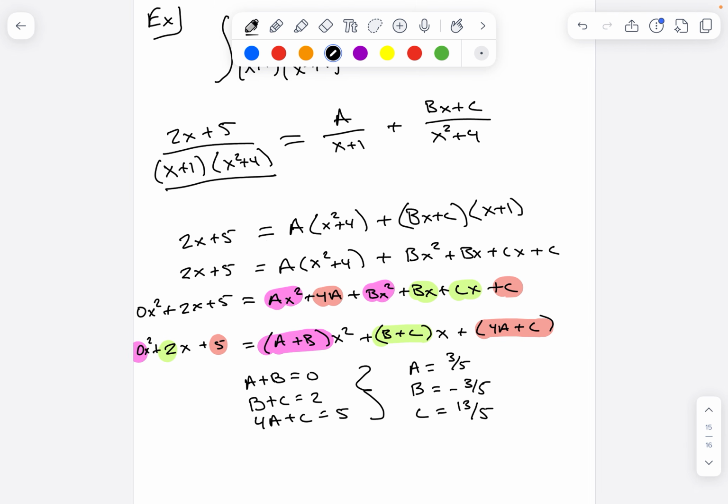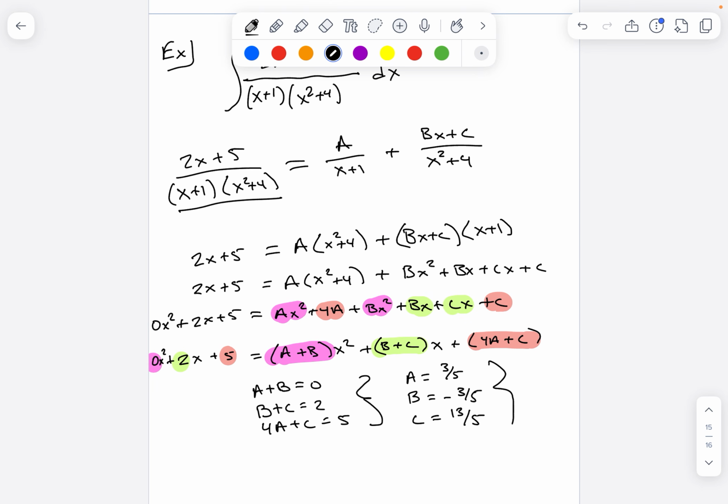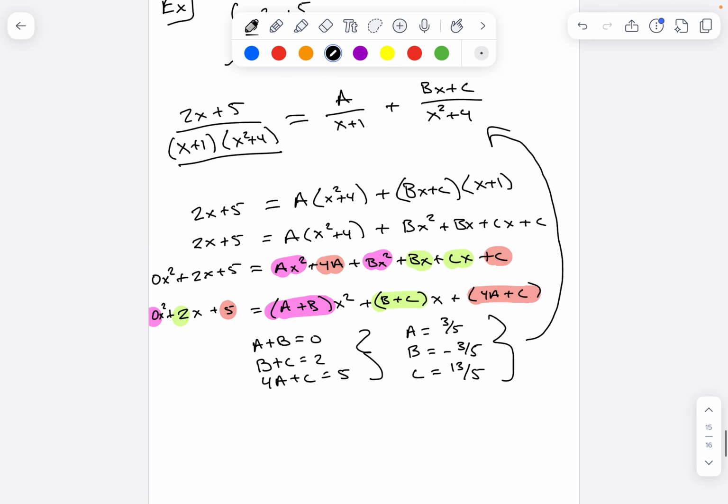So once we have these numbers, I'm going to plug them back into our decomposition form, and then we're going to go ahead and take the integral. So our new integral becomes 3 over 5 over x plus 1 plus negative 3/5 x plus 13/5 over x squared plus 4 dx.